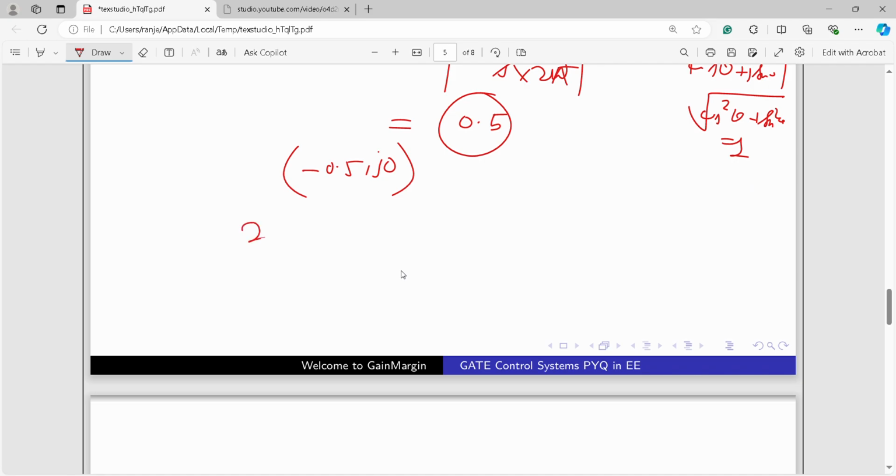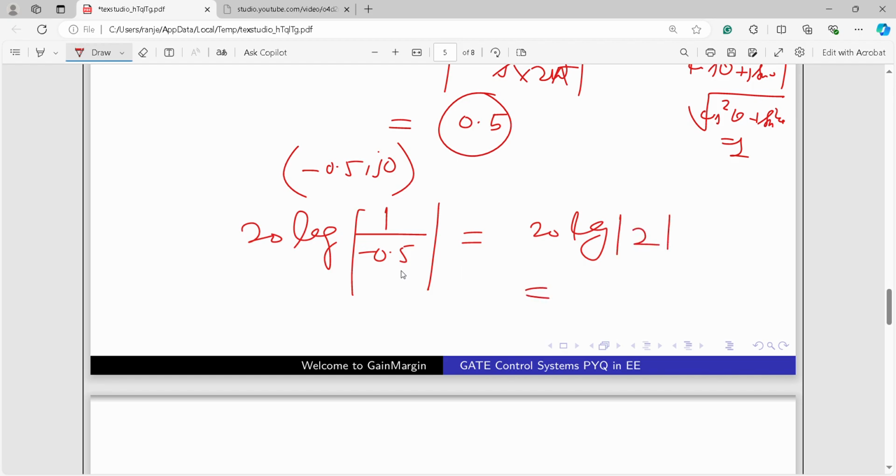So 20 log 1 by this gain; you can take the absolute value. So 20 log, it should be 2.